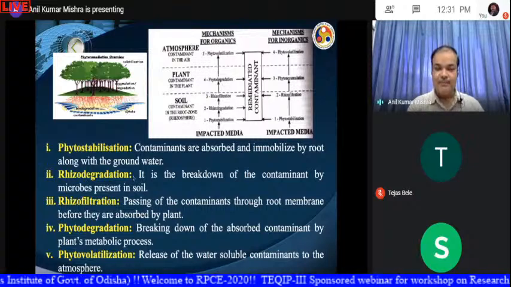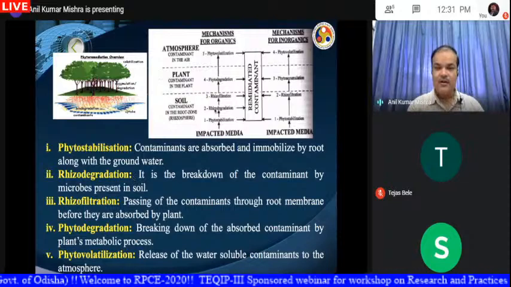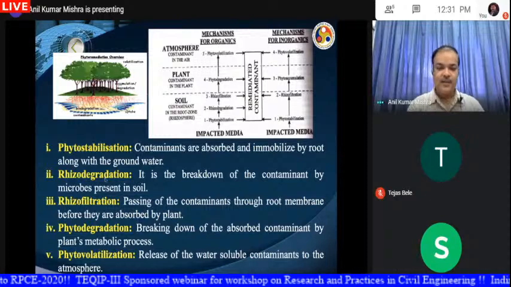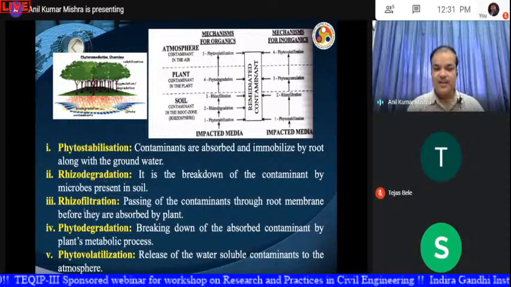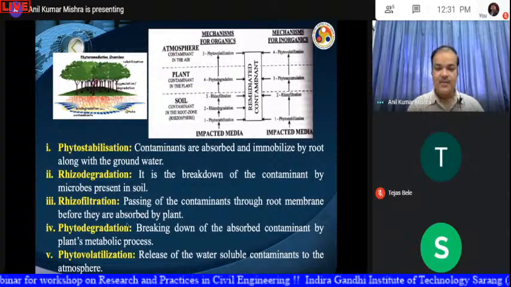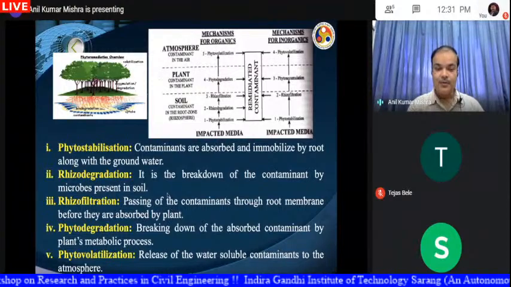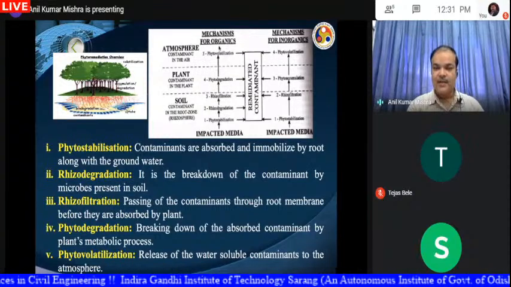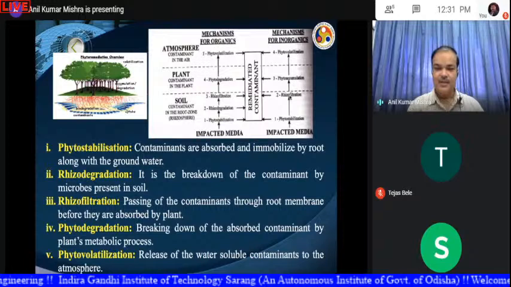This happens only for organic contaminants. For inorganic, it will not be there. The third one is rhizofiltration, in which the contaminant passes through the root membranes before it is absorbed by the plants. This is present for both organic as well as inorganic contaminants.